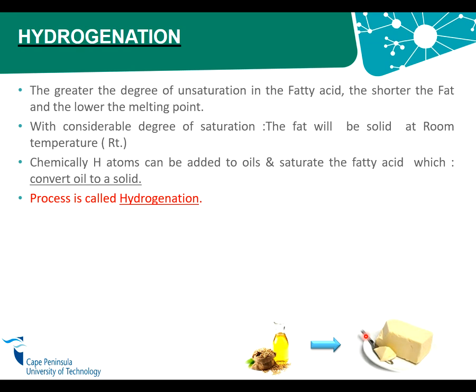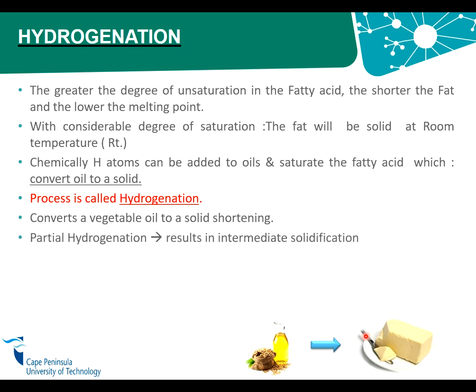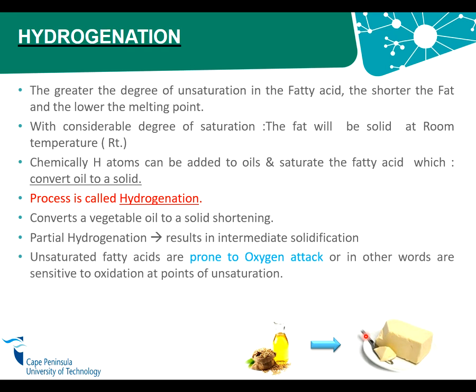As I've said, this process is called hydrogenation. The vegetable oil is converted to a solid shortening. Partial hydrogenation can also be done, which results in an intermediate degree of solidification. So the degree of hydrogenation is important in determining the solid properties of foods containing fats, right?